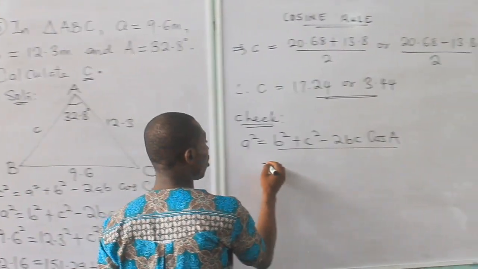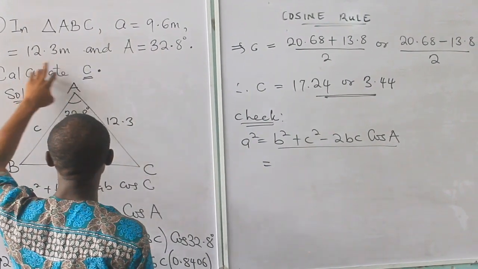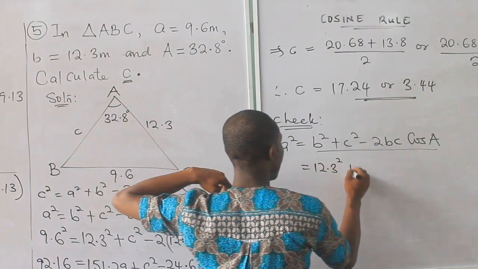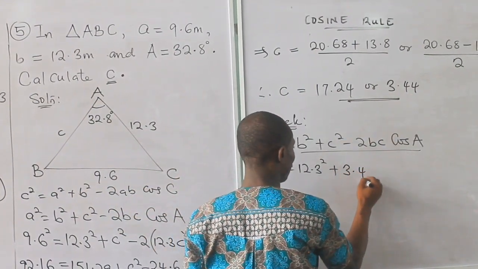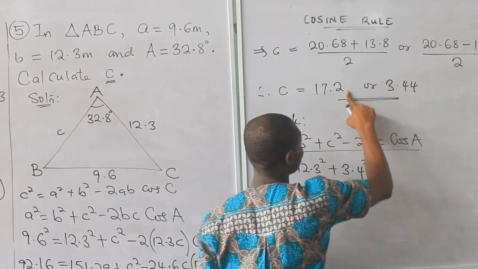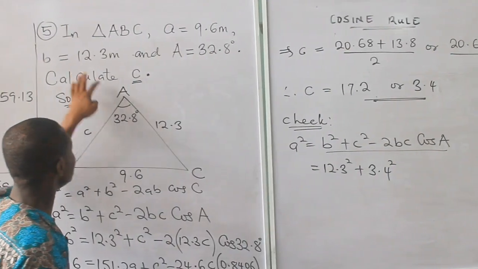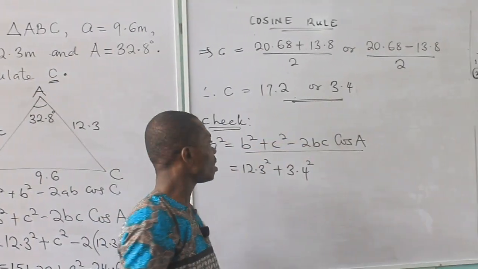So quickly, or approximately, of course, it should be an approximation. So what is our B? Our B was 12.3 squared plus, let's use this C now. Let's use 3.4, that's approximately to 1 decimal place, since the question came in 1 decimal place, let's put our answer in 1 decimal place.